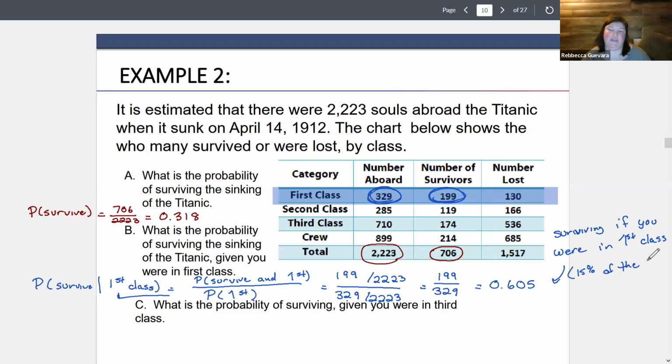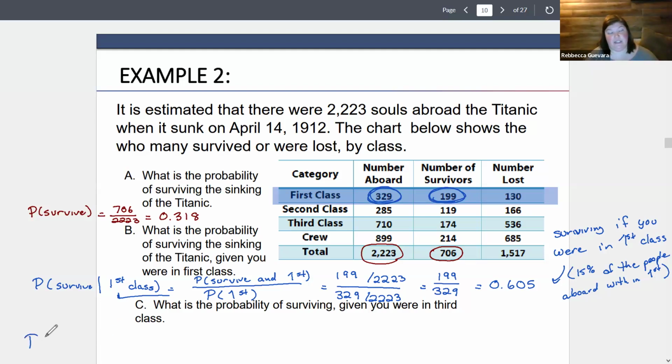So like I said, 15% of the people aboard were in first class. This is telling you that your class had a significant impact on your survival rate.